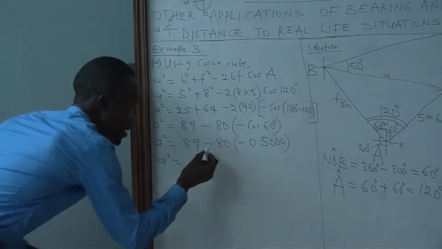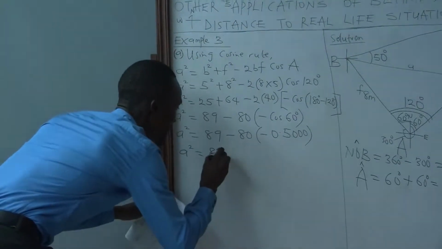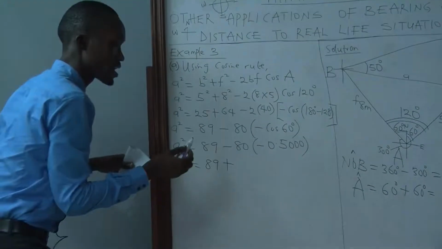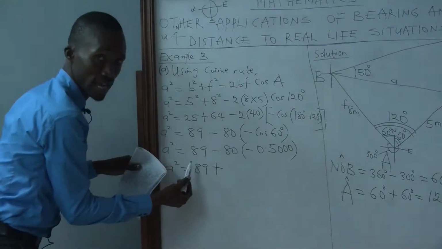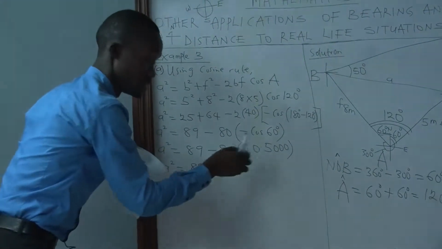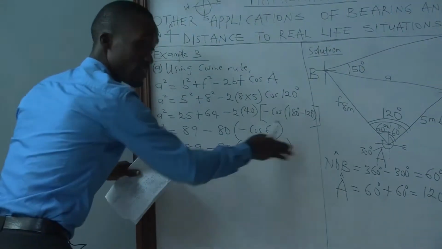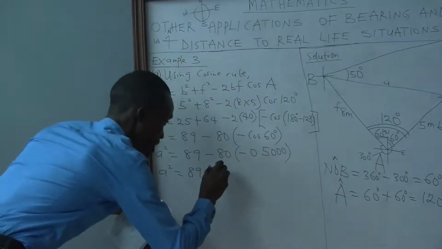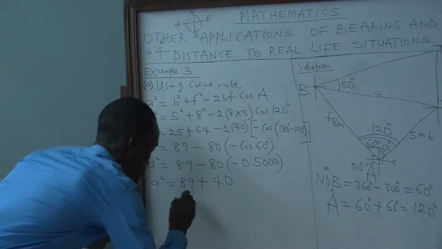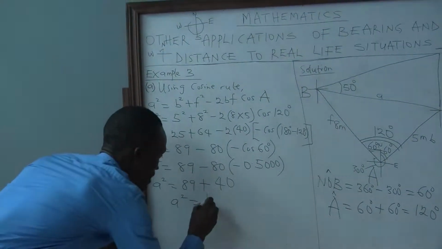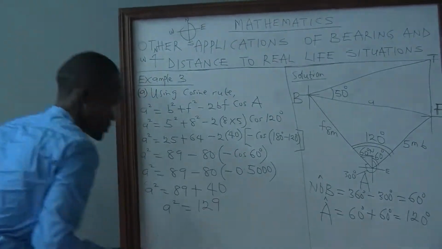So A squared, minus multiplied by minus, would be 89 plus. We cannot subtract this 80 from 89 because they are not together. This 80 and what we have in this bracket are together. So that would be plus 40. So A squared is equal to 129.